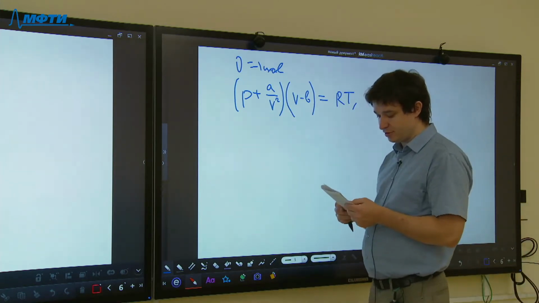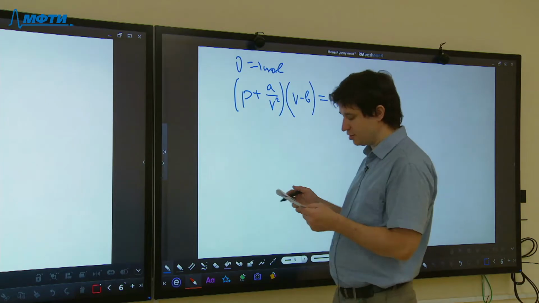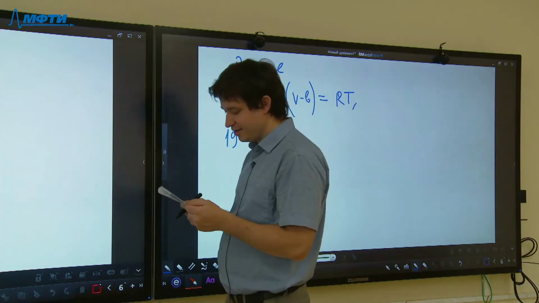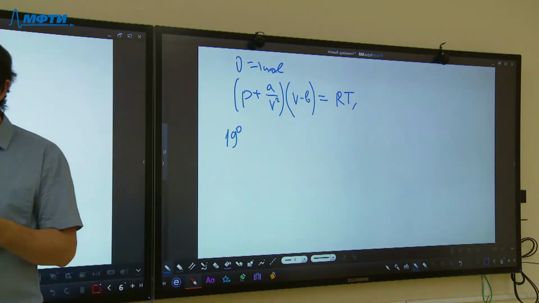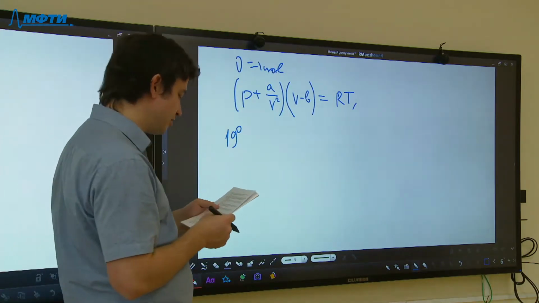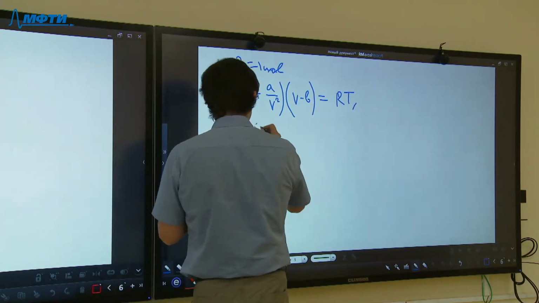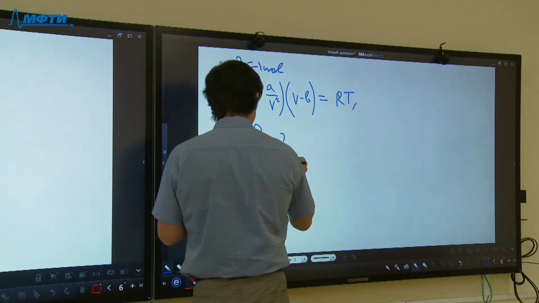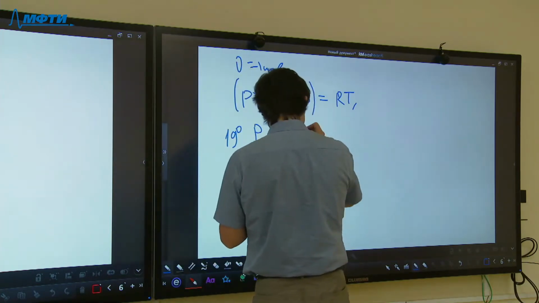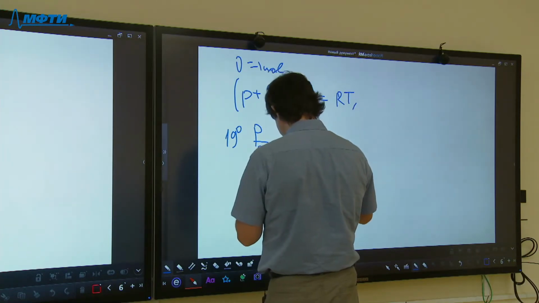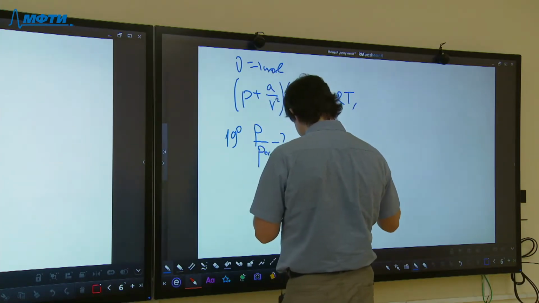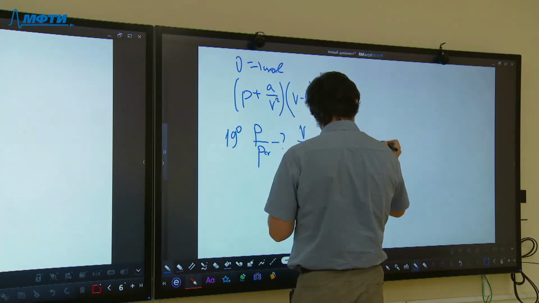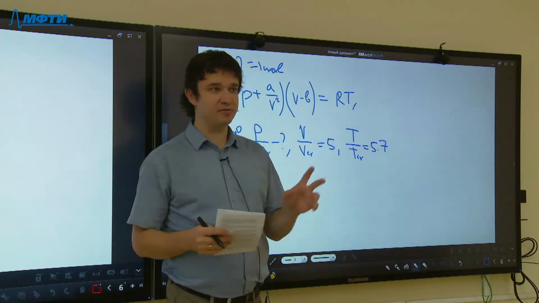The first problem says, by how many times is the van der Waals gas pressure higher than its critical pressure when its volume, I think it says that you want to find P over P critical, if we know that V over V critical is 5 and T over T critical is 5.7. Any question there?